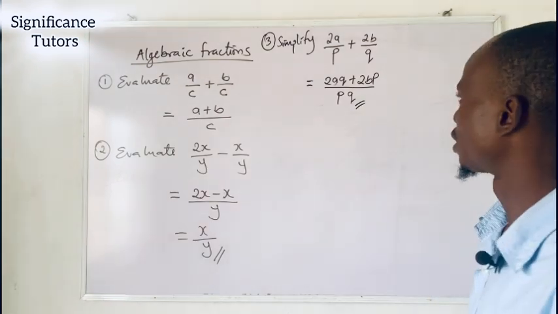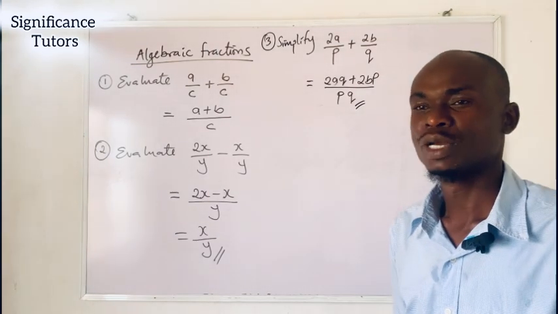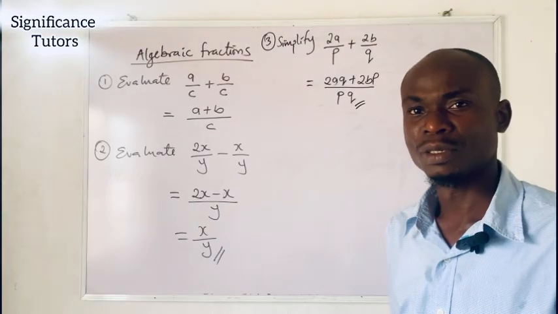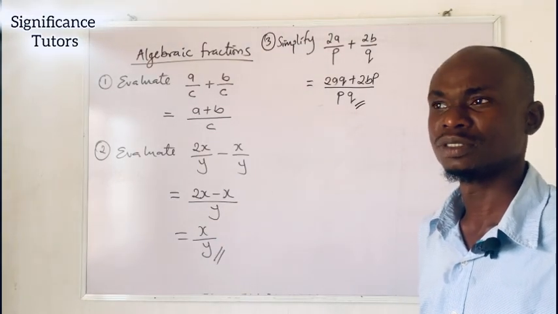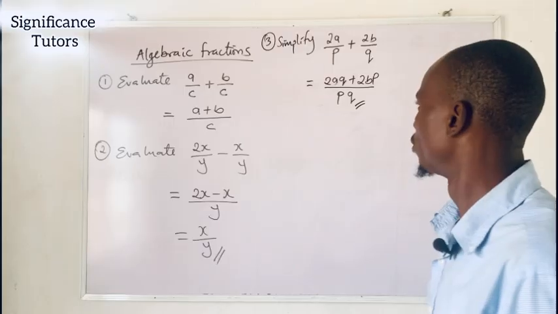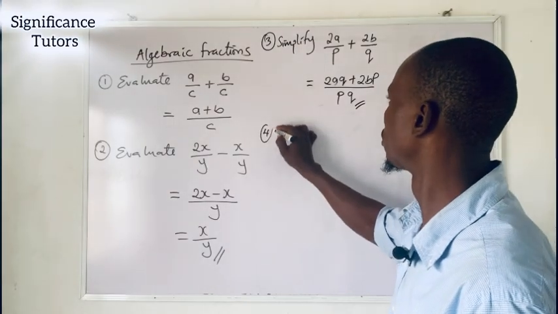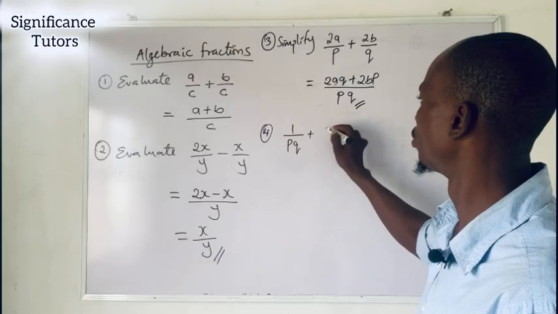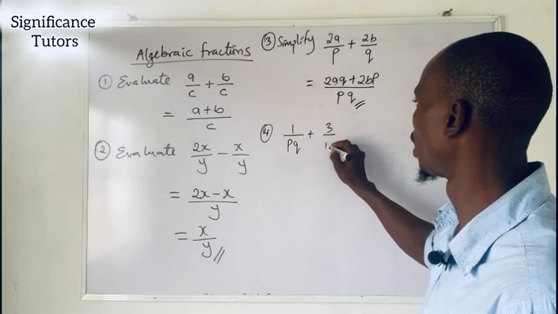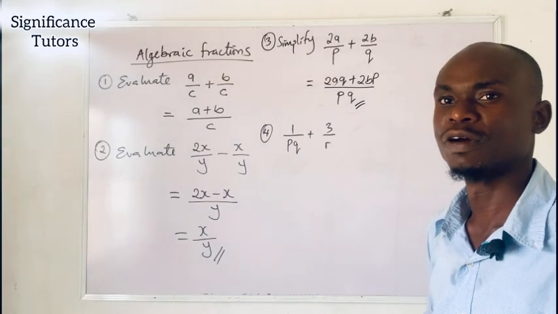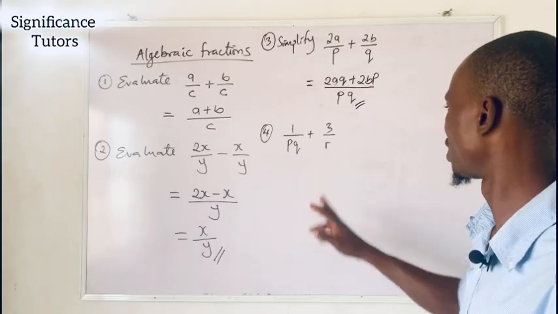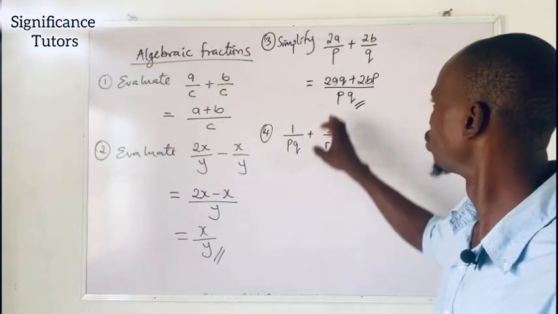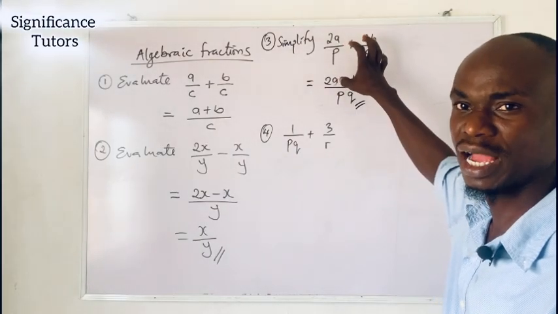Okay, then let's take a situation where we have multiple variables in the denominator, like 1 over pq plus 3 over r. As you can see, they are obviously different, so the same rule applies.